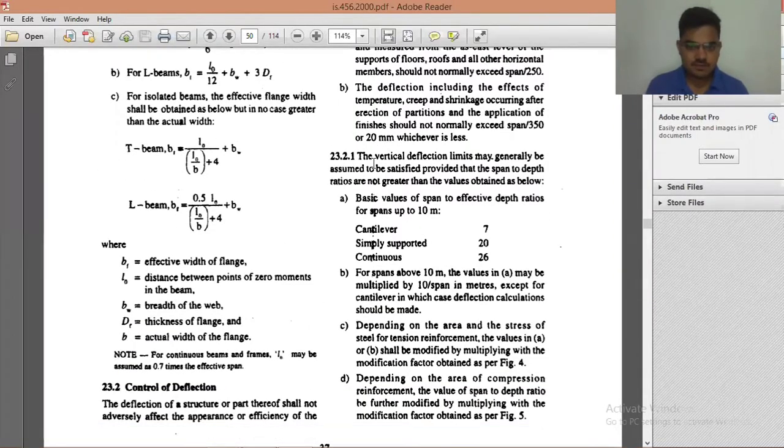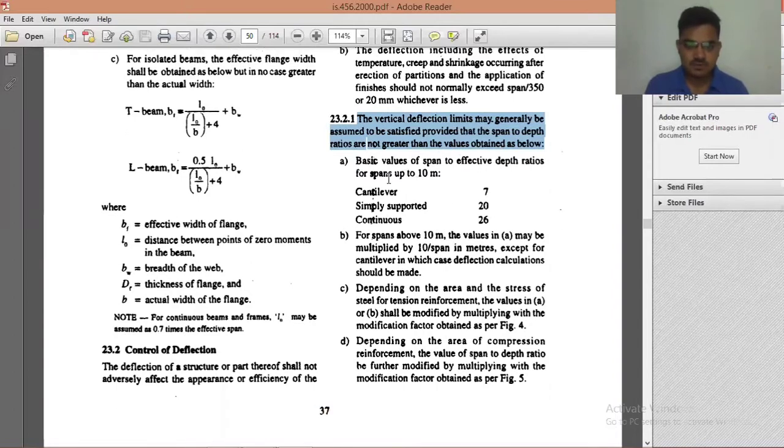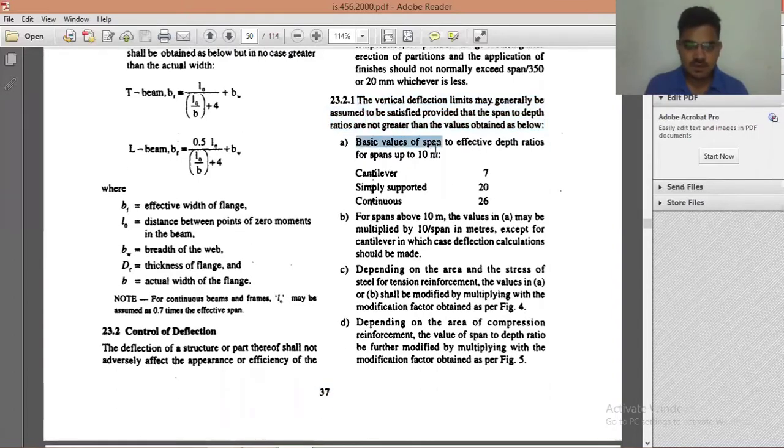Here are the criteria for deflection control, and from here the vertical deflection limit may generally be assumed to be satisfied provided that the span to depth ratio is not greater than the value obtained below. First is the basic value of span to effective depth ratio for spans up to 10 meter. Our span is within this limit, so I am considering a simply supported beam. The value is 20.